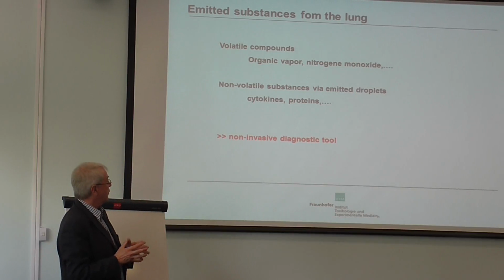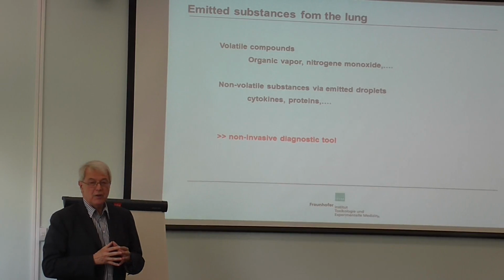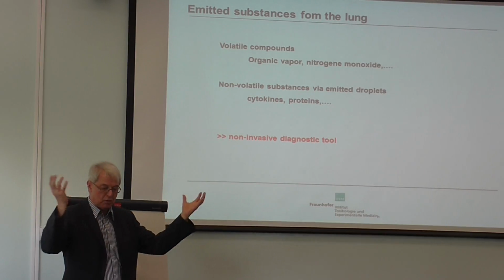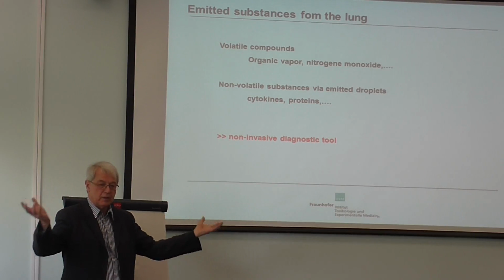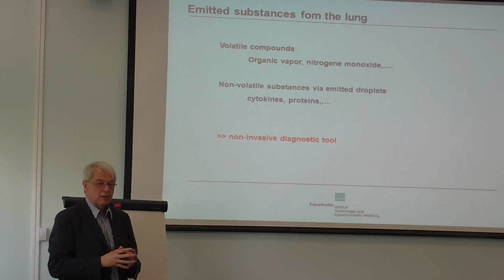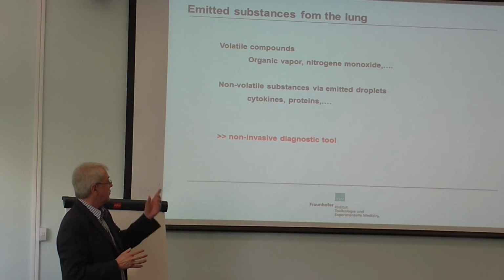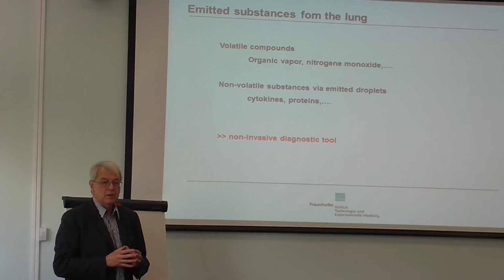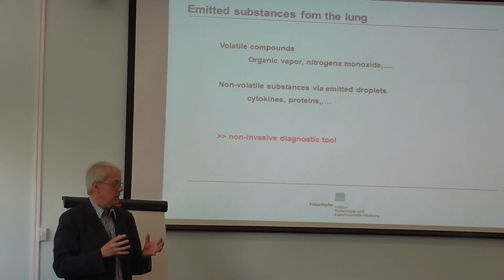But then, 10, 15 years ago, people found also non-volatile compounds in so-called breath condensate. So they took the breath and just cooled it down to a very low temperature, then everything that's in there was condensing. And they found cytokines and proteins and these very heavy molecules with virtually no volatility.